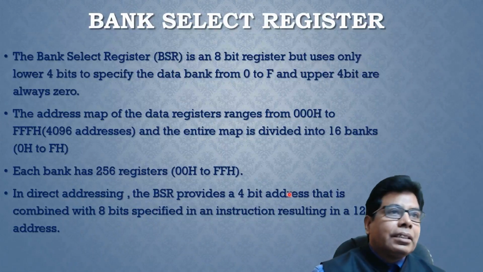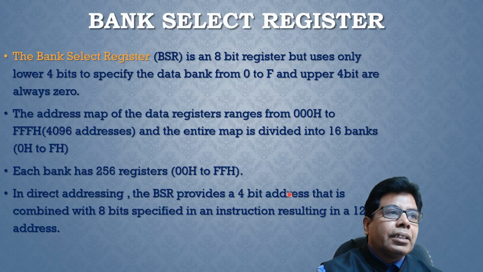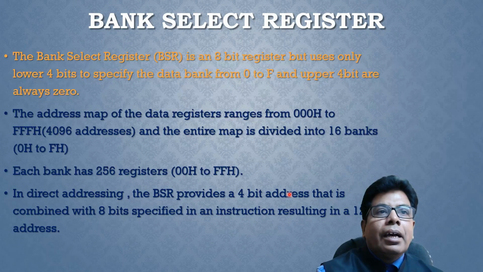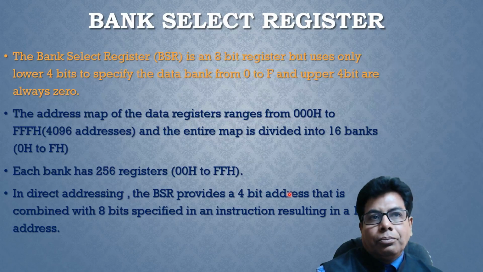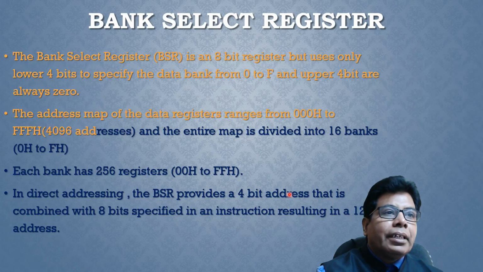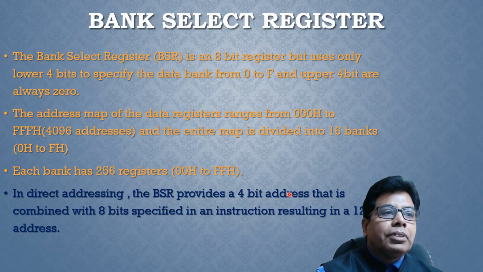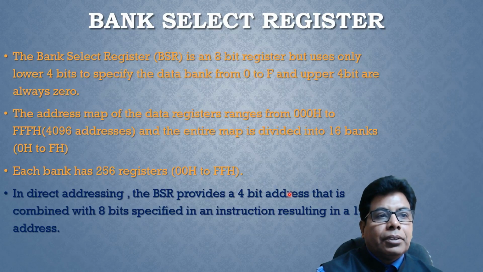Then let us go to the next register, that is the bank select register, BSR. It's an 8-bit register but uses only 4 bits to specify the data bank from 0 to F, and the upper 4 bits are always 0. The address map for data registers ranges from 000 to FFF, that is, it has 4096 addresses, and the entire map is divided into 16 banks, 0 to F. Each bank has 256 registers, 00 to FFH.